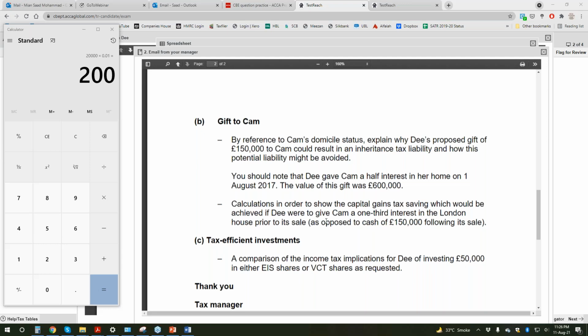In this way, D will not get involved in any of this. Rather, Cam will directly get this 150. These are the two alternative options which the couple can utilize and reduce or minimize their IHT liability.